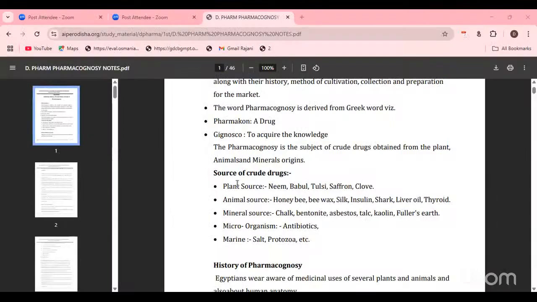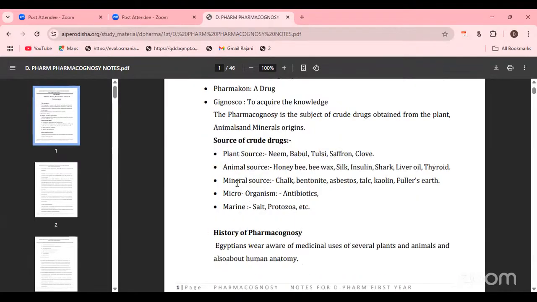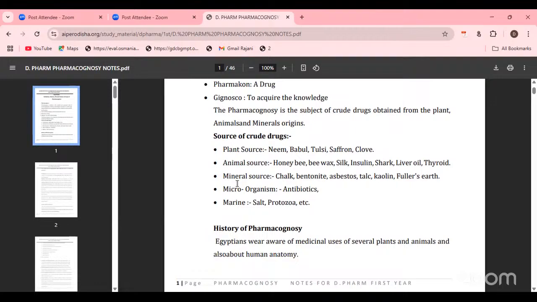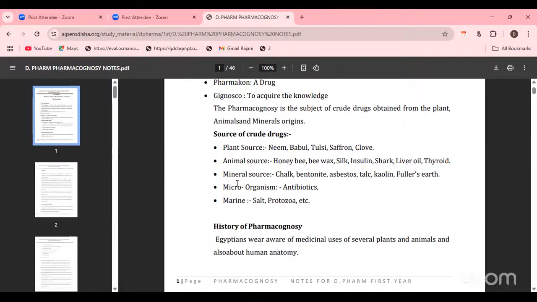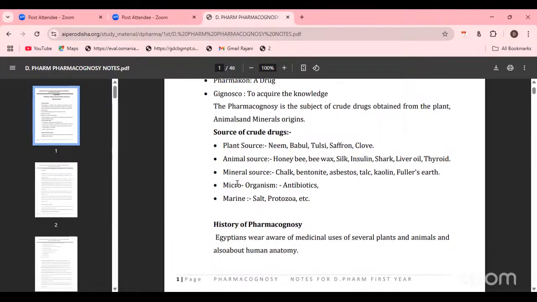Sources of crude drugs: minerals and drug materials. A plant source is neem, subabul, tulsi, saffron.